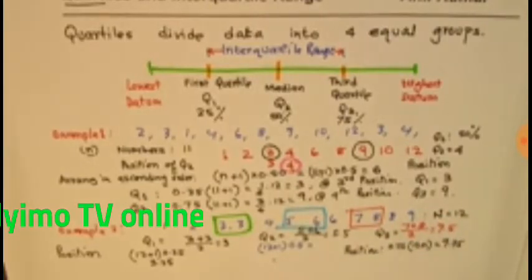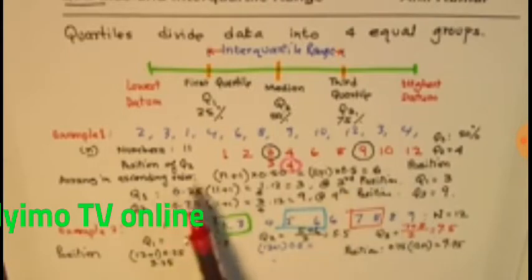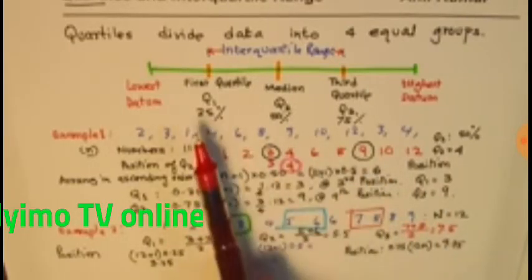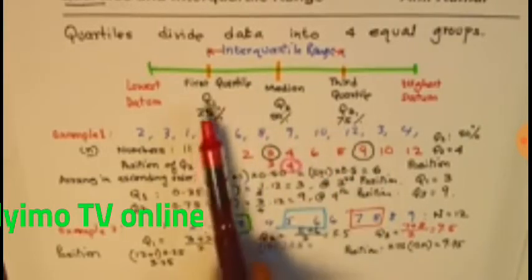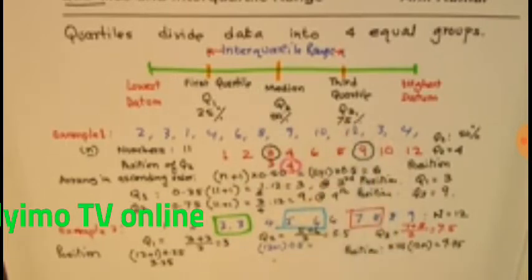So what we notice here is that to calculate the quartiles, we should know exactly how many numbers are there in our data. The positions of these quartiles are: Q1 at 25%, Q2 at 50%, Q3 at 75%. So you need to arrange the data in increasing or decreasing order. Once you do that, Q1 will be at 25% of the total number plus 1.